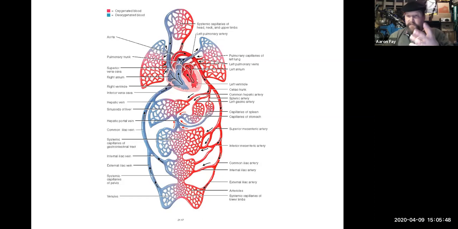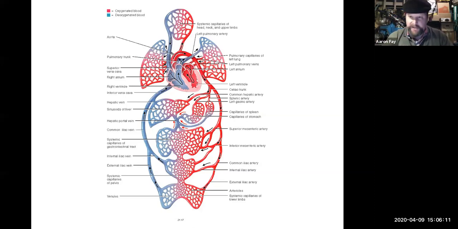Because if your veins that drained your intestines just went right into the inferior vena cava, that would go right to the heart, to the lungs, and then to places like your brain where it could do a tremendous amount of damage. So the hepatic portal system is an extra set of veins that allows for the selective cleaning and processing of blood that's leaving your digestive system.